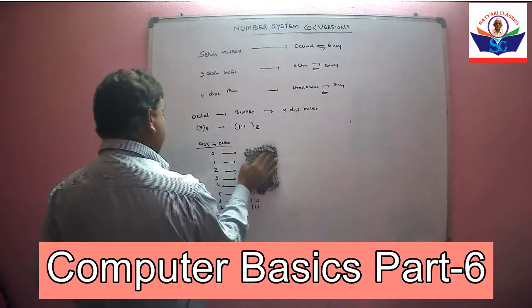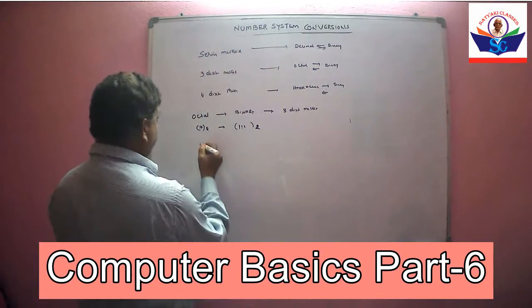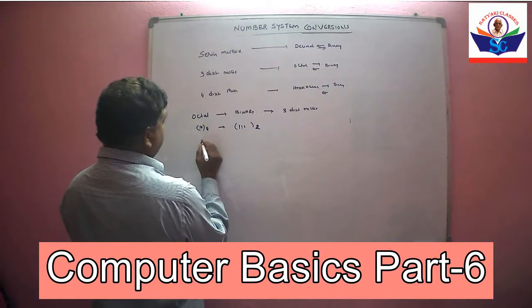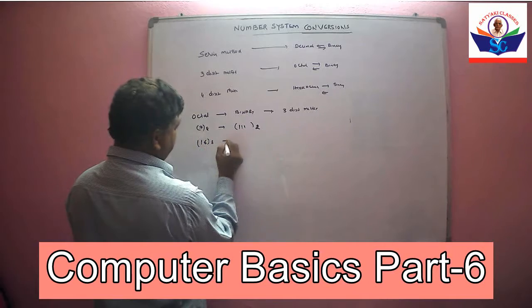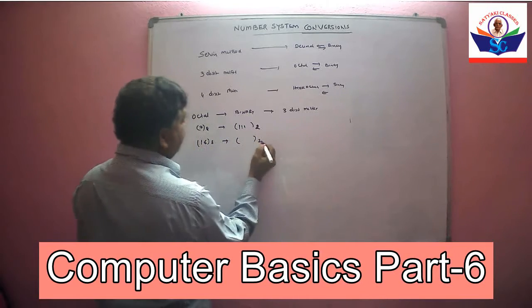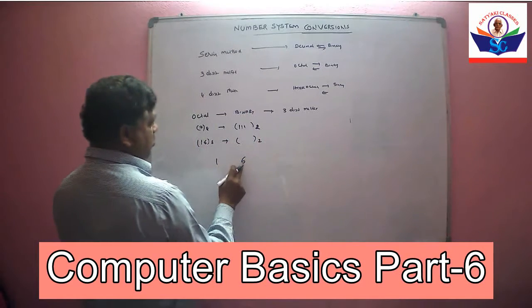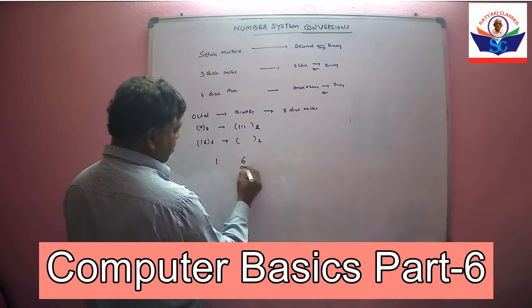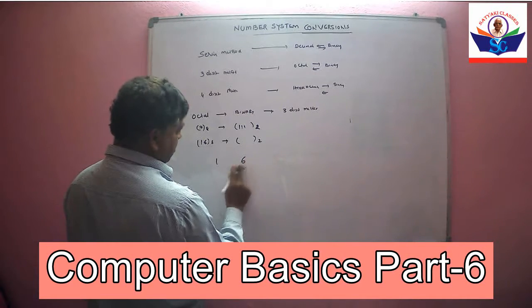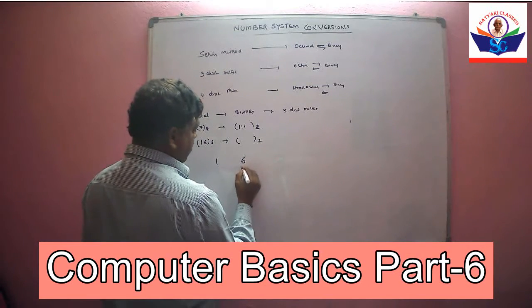Now take two digits. Example: 16 in octal number system is equal to which number in binary number system? 1, 6. You have to write 3 digits for each. For 6, it is 1 1 0.